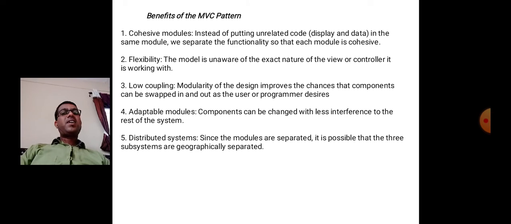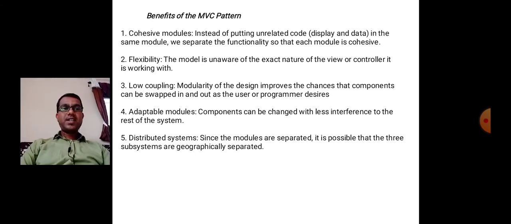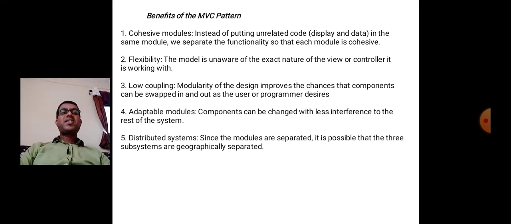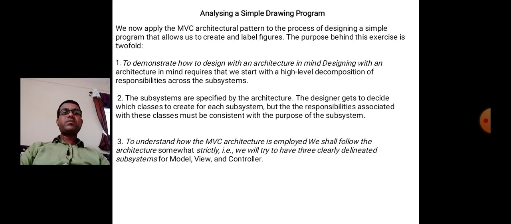Fourth benefit is adaptable modules, means components can be changed with less interference to the rest of the system. And the fifth benefit is distributed system, means since the modules are separated, it is possible that the three subsystems are geographically separated.